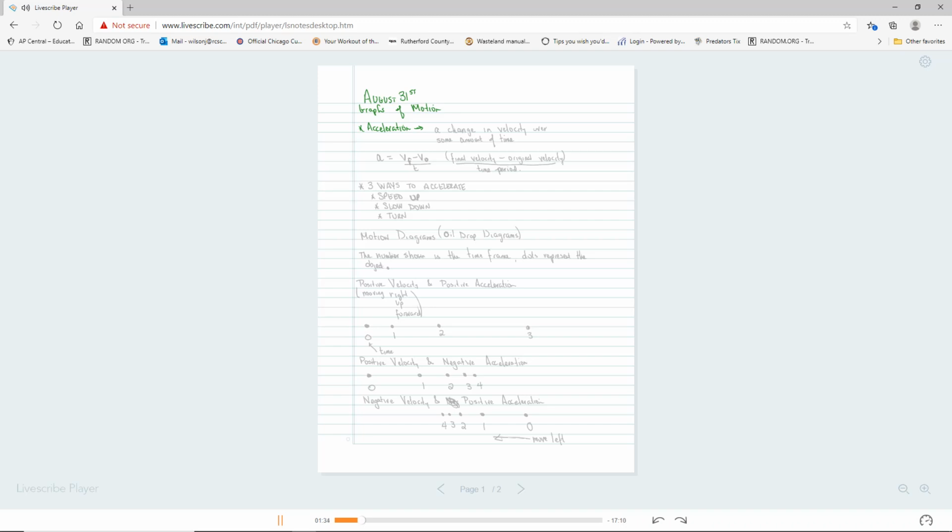So acceleration is a change in velocity over some amount of time. We can write it as a formula: acceleration is final velocity minus original velocity over time.